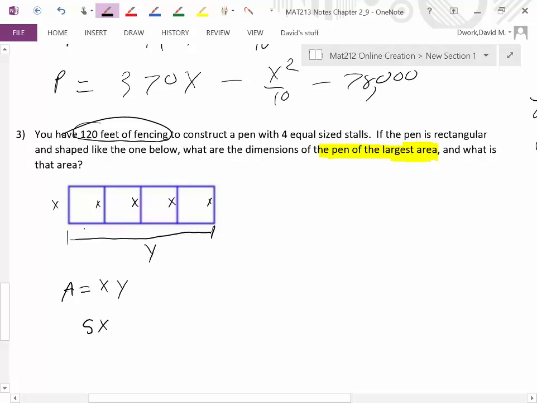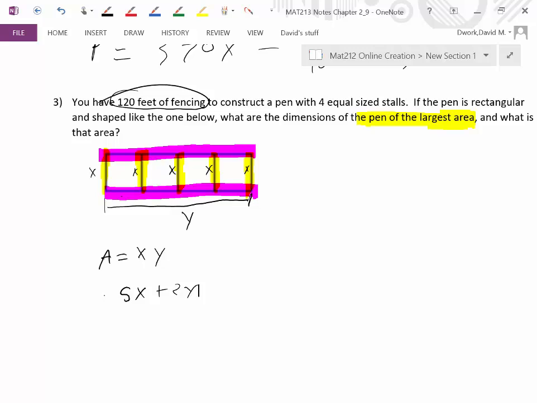Whatever amount of fence I use to make those walls: 1 wall, 2 wall, 3 wall, 4 wall, 5 walls, right? Then how many y's do I have? I'm going to have one y and another on the other side to fence the whole thing in. So 5x plus 2y. That's how much fence I'm going to use, and that needs to be 120 feet.